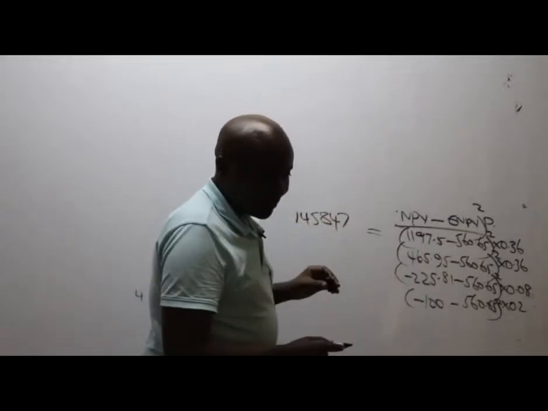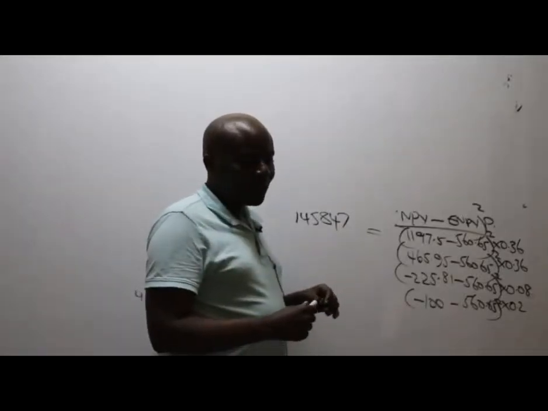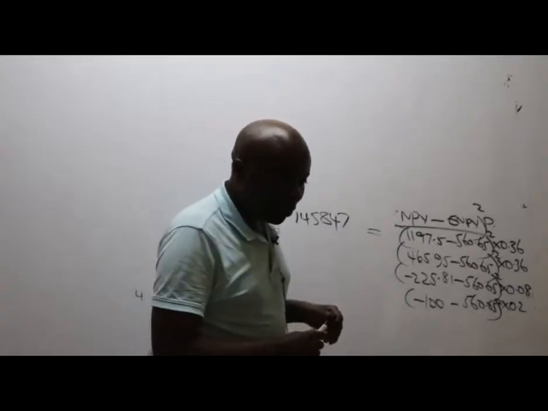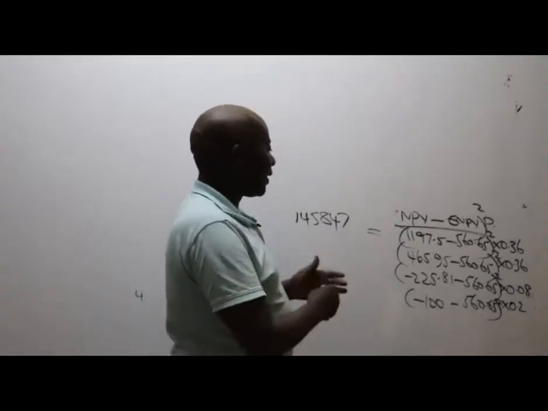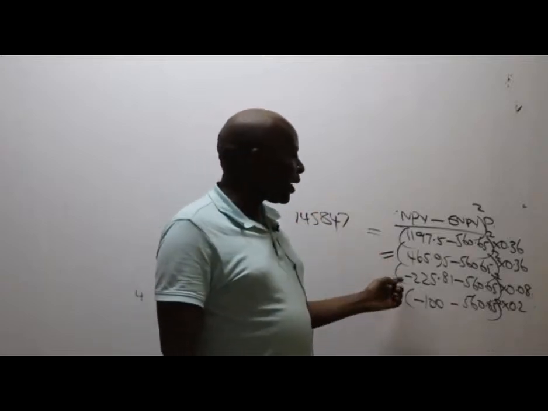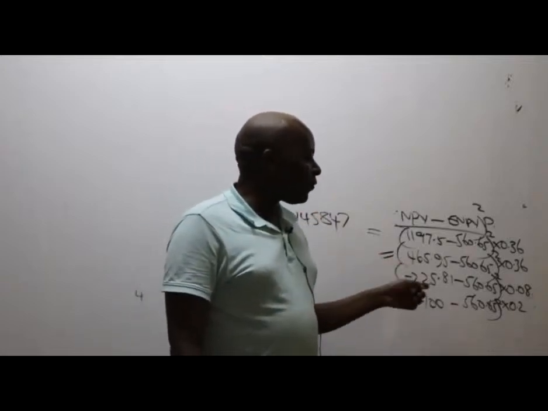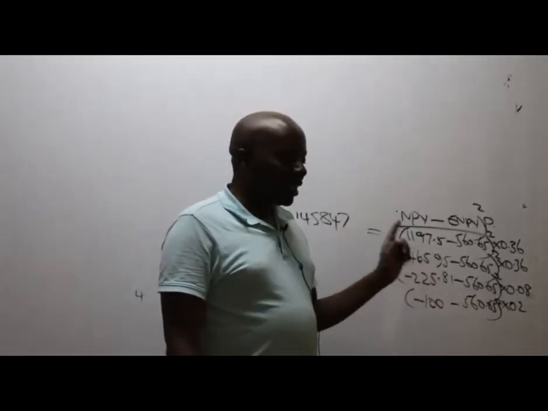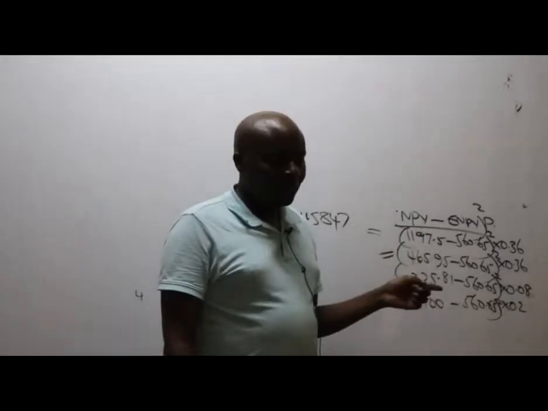Is that correct? Can somebody confirm? How about the second one? Please remember to square. You say open bracket 465.95 minus 560.65, squared, times 0.36.